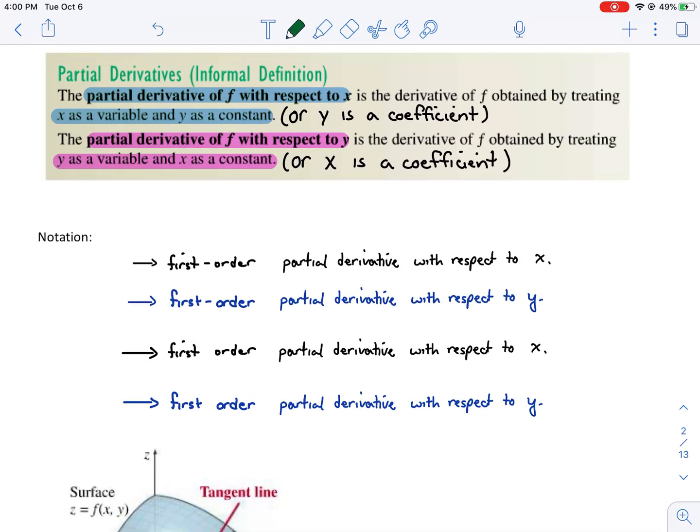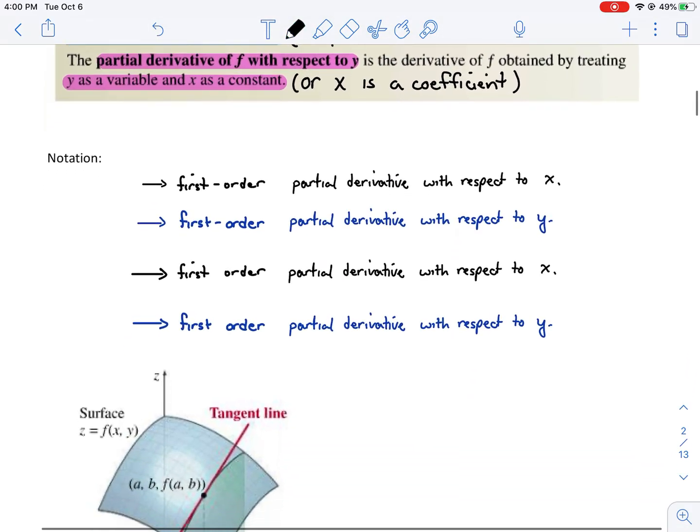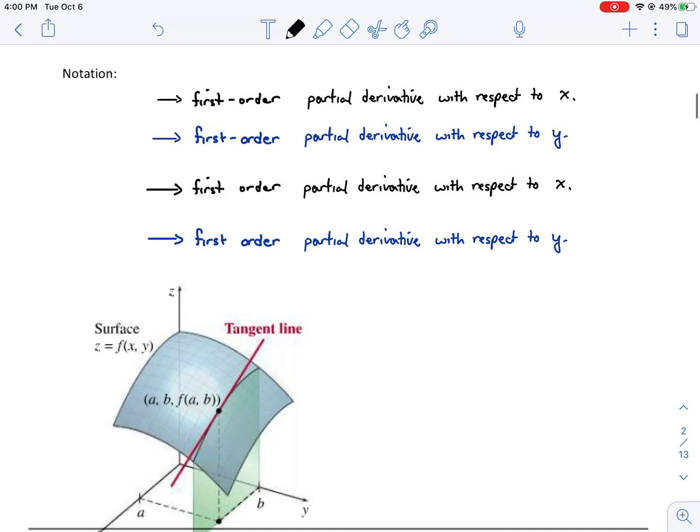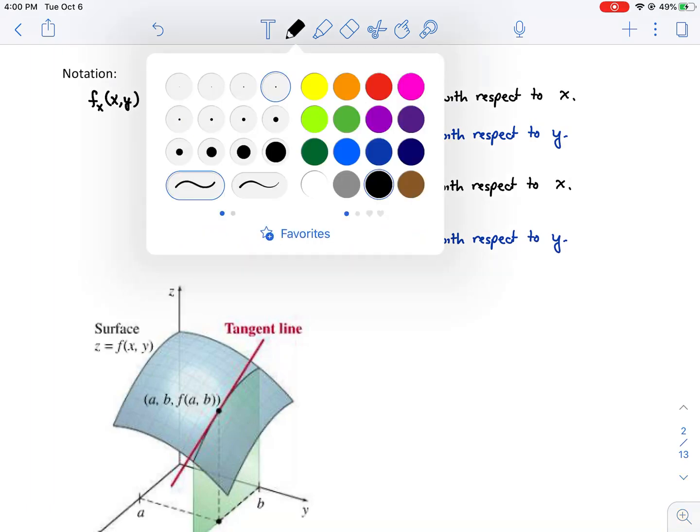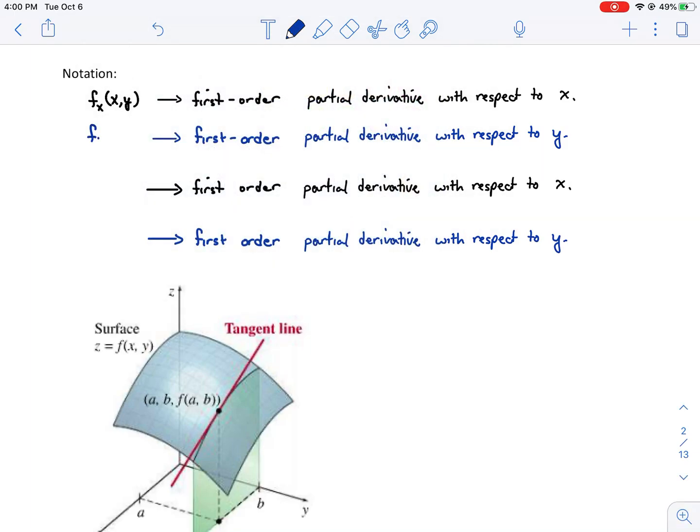All right, as for the notation, there are two main types of notation that you're going to see. The first two look like this. So for the notation in black, that is the first order partial derivative with respect to x.